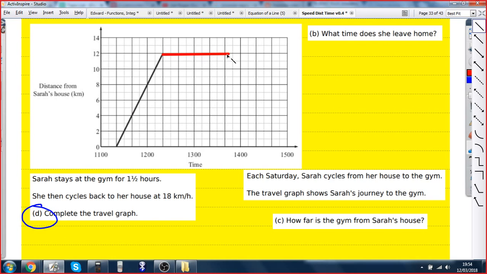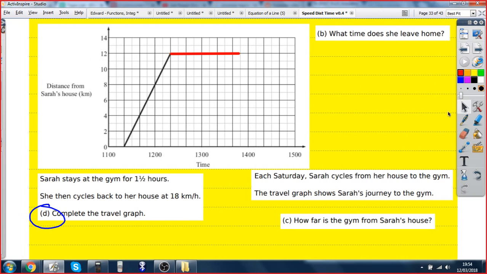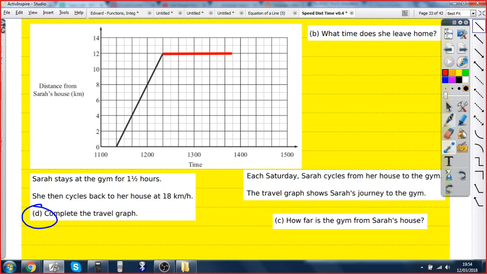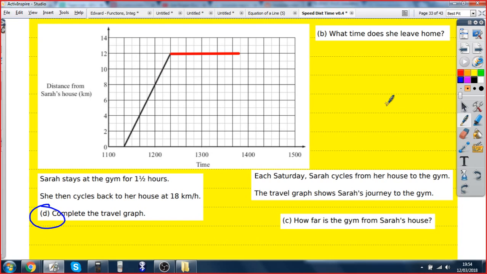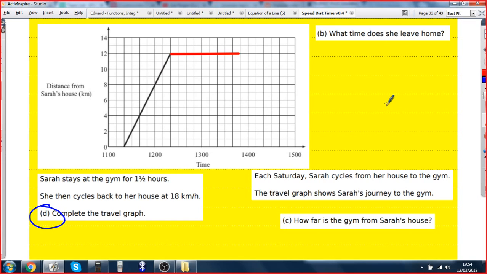Yep. And then how would I do the cycling back bit? You have to figure out what time she'd get home.